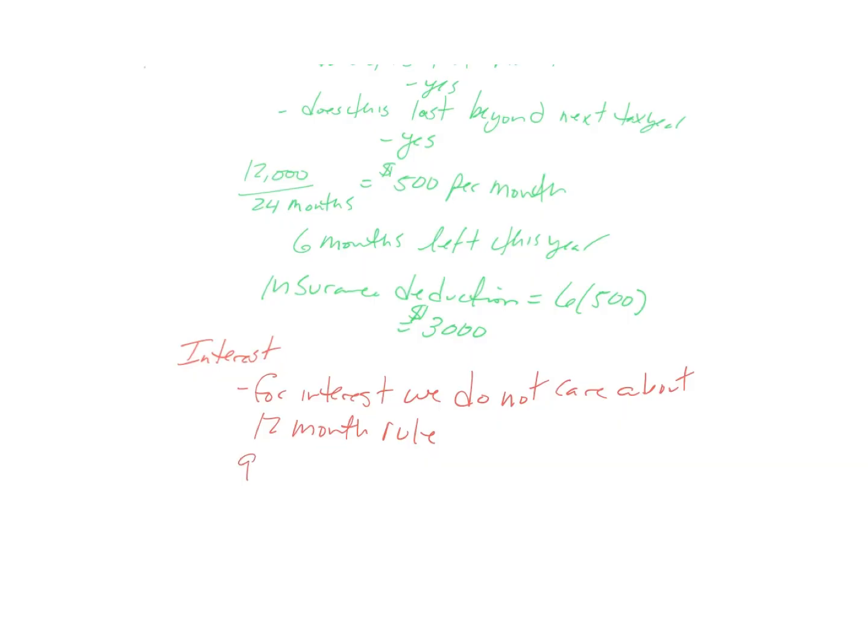We have $9,600 of interest over 8 months. That gives us $1,200 per month. Again, 6 months. 6 times 1,200 is $7,200.